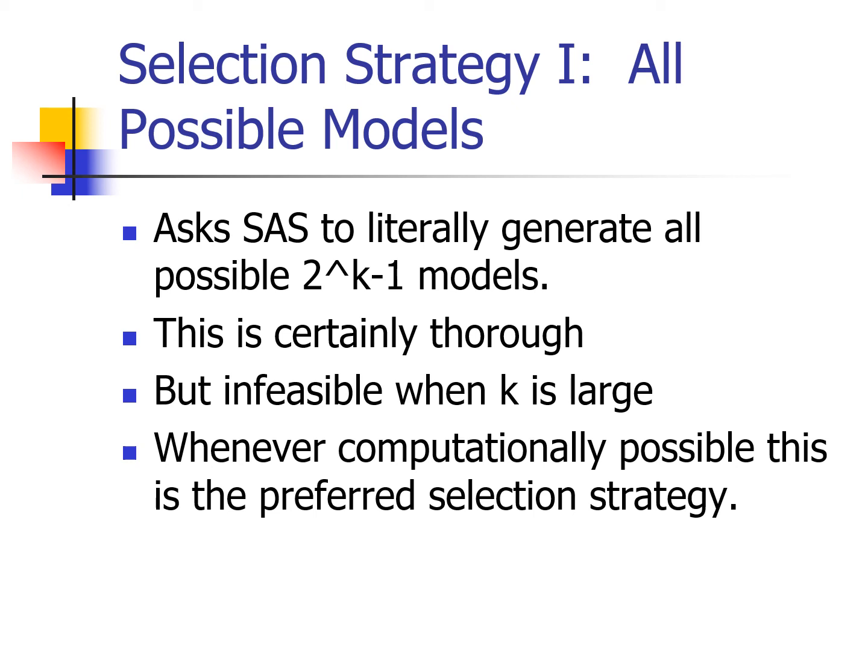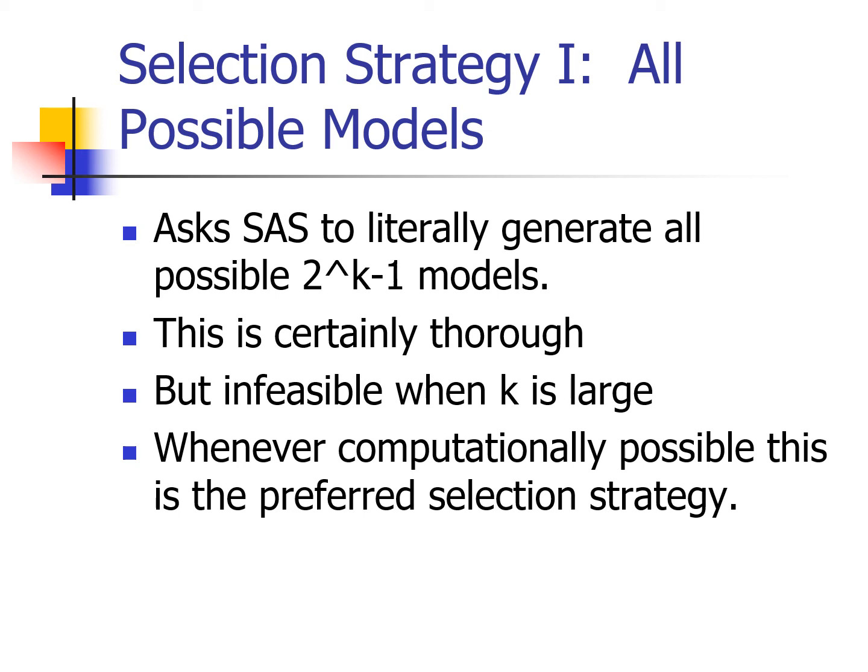Very thorough, but of course, even in this modern age, 2 to the power k can get big quick. Try putting 2 to the power 1,000 in your calculator. It's not going to look pretty. So at some point, k will get too large for us to do this. But when our k is not too large, this is a very nice selection strategy.